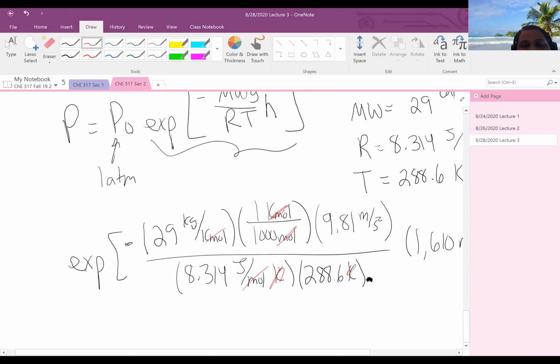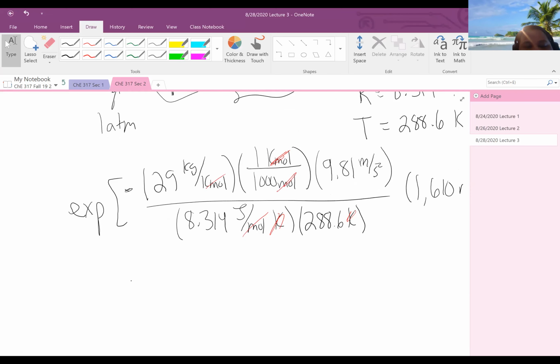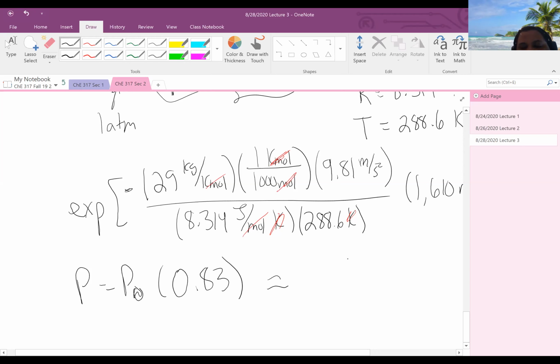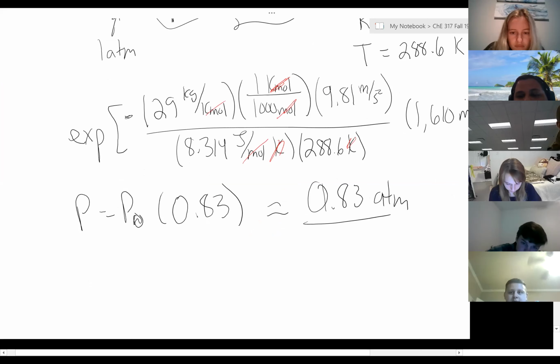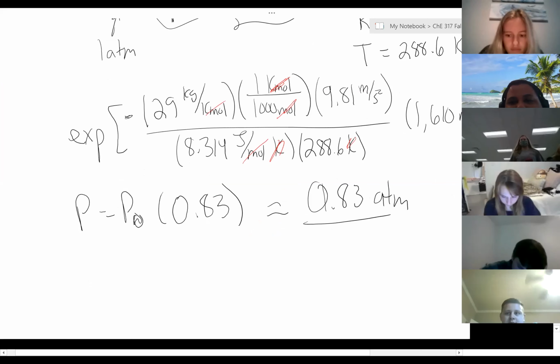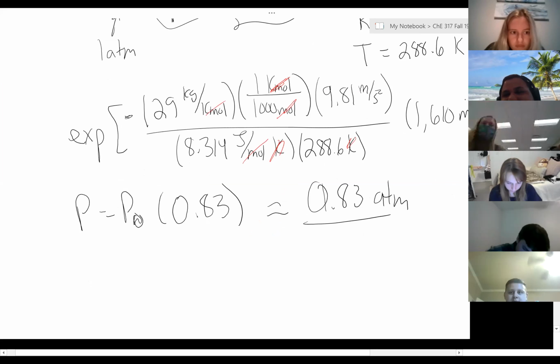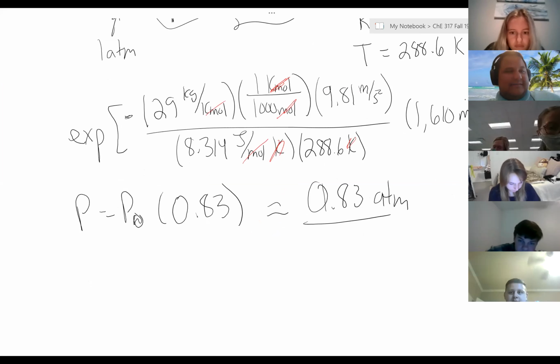So you run the exponential and you're left with P is equal to P naught times 0.83, which if P naught's 1 atmosphere, you get 0.83 atmospheres. So if you ever visit Denver, you'll realize that you're about 17% lacking in atmosphere, which is why altitude sickness is a real thing.